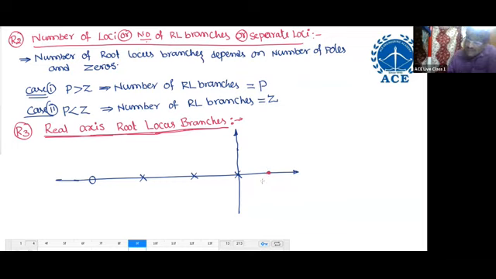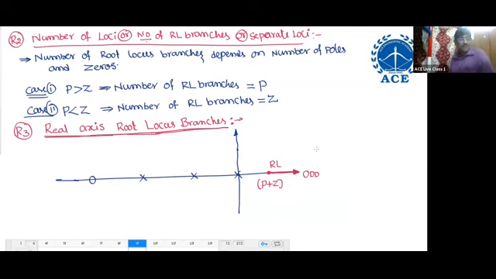Count the sum of the poles and zeros to the right-hand side of that point. P plus Z to the right-hand side of that point, you count. In case it is odd, if P plus Z is odd, then there exists a root locus branch.